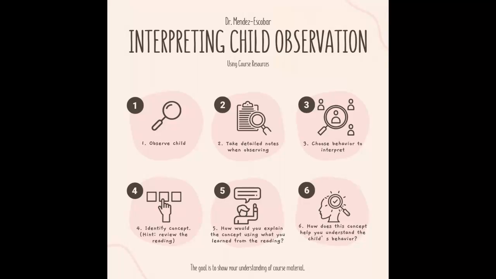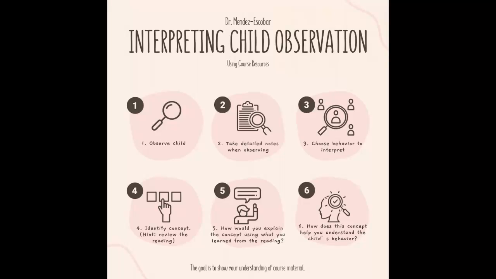Then step 4 moves on to, okay, well, what is the concept that you're going to use to interpret? And a concept can be a theory, it can be a milestone, or it can be some other developmental concept or term that you can use to really make sense of what you observed.